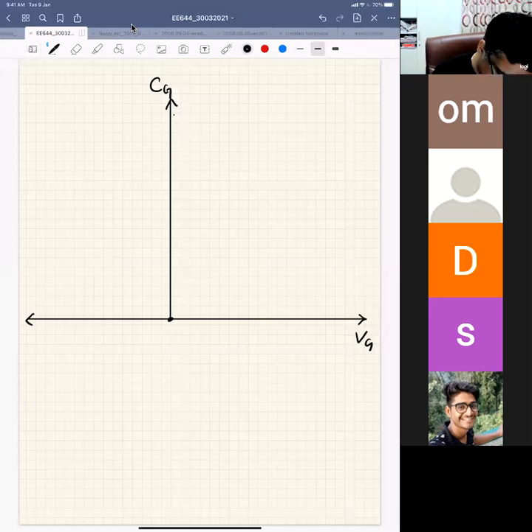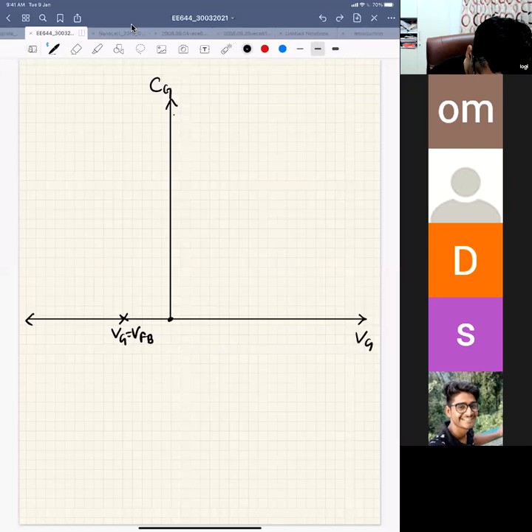Your flat band voltage is negative anyway, so let's say this is your flat band voltage, VG equal to VFB, and this is your voltage VG equal to VTH, roughly.